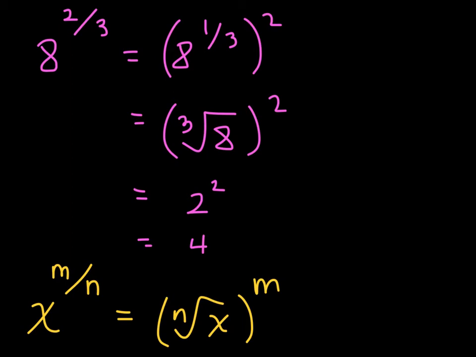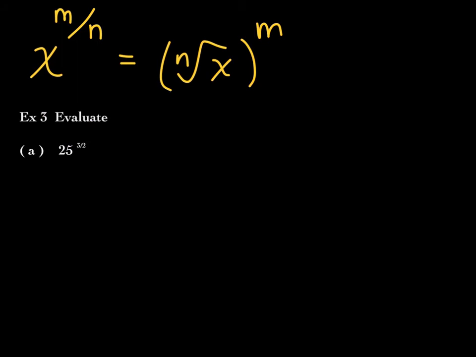So then in general, x to the power of m over n, where m is not necessarily 1, just means find the nth root of x and then raise it to the power of m. So this notation can be rewritten with this radical notation. So here we have 25 raised to the power of 3/2.